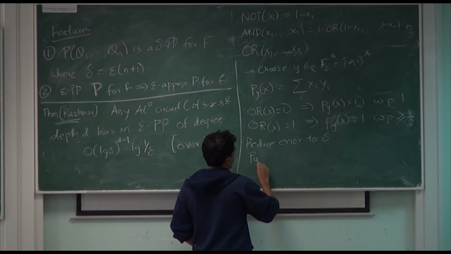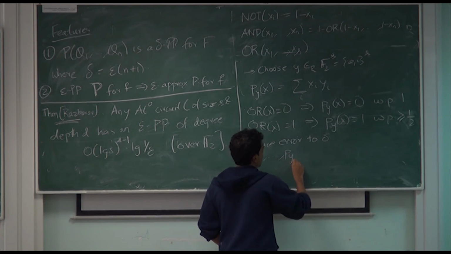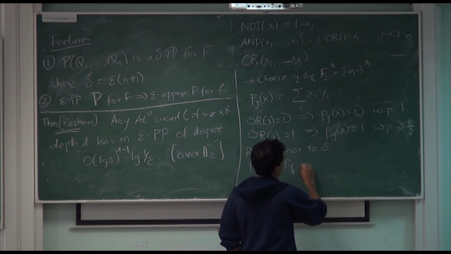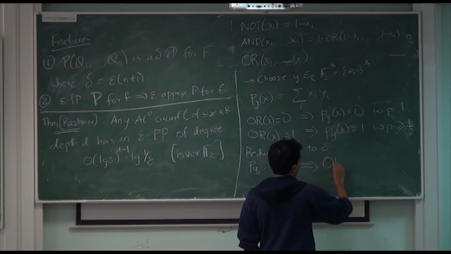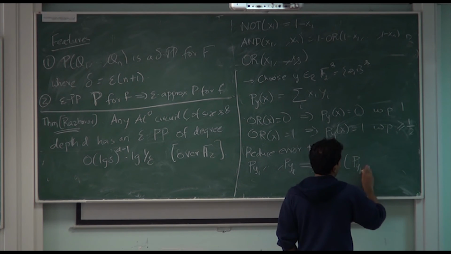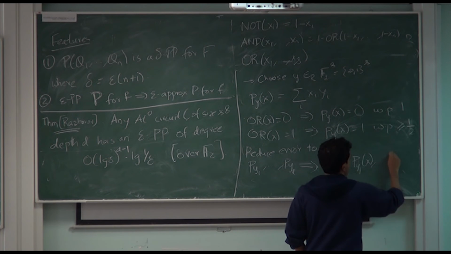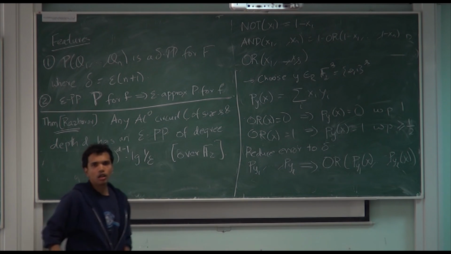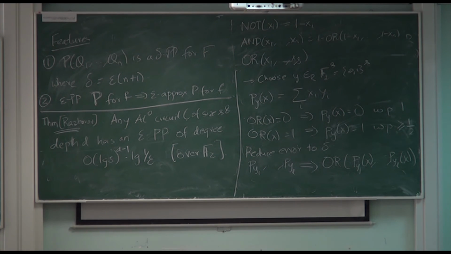You take some L invocations of this algorithm, so L vectors y1 to yL, and transform them to the polynomial OR of p_y1 to p_yL. So you choose L vectors y1 to yL independently and uniformly at random and take their OR. Okay, this seems kind of non-intuitive.